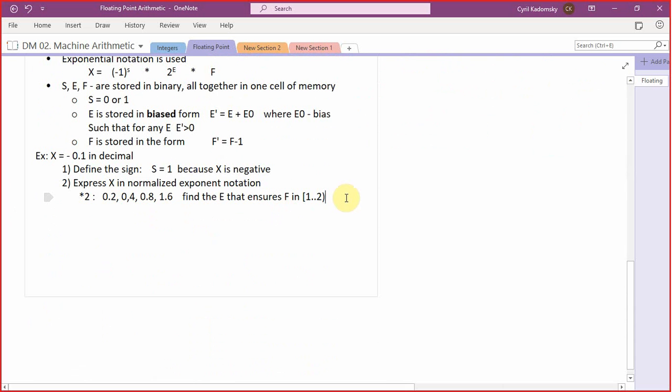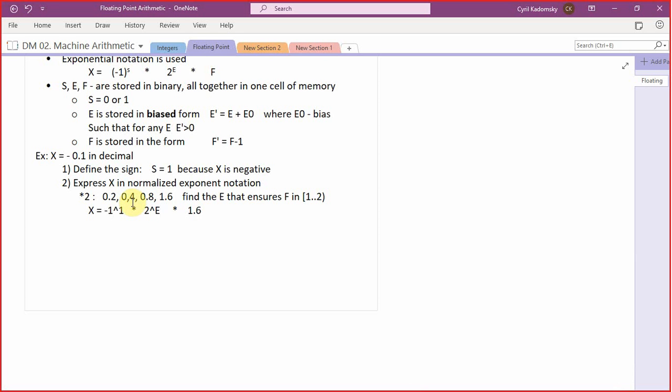So in the result, our x can be written as minus 1 power 1, as we have already done before. Next there would be 2 power some exponent, and finally there would be a fraction, and we now know that the fraction will be 1.6. Only this variant satisfies the normalization rule.